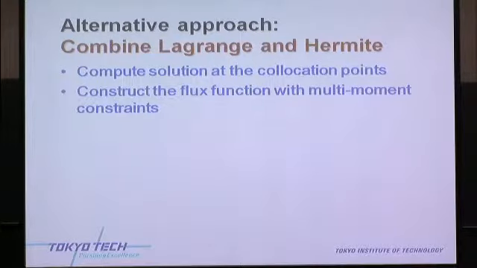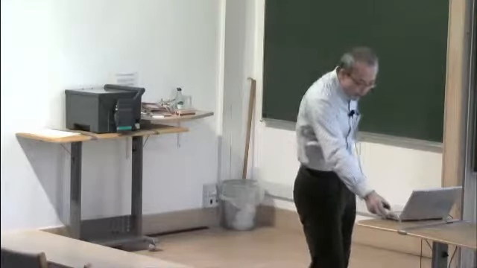So for this direction, we stop at this stage, and we are looking for another alternative approach. It is the combination of Lagrange and Hermite type of reconstruction. We compute the solution at the collocation point. Actually, this is a kind of collocation method, as I will show you later, but we construct the flux function with multi-moment constraints. It is just a Hermite type of interpolation.